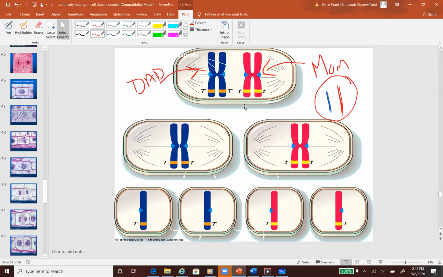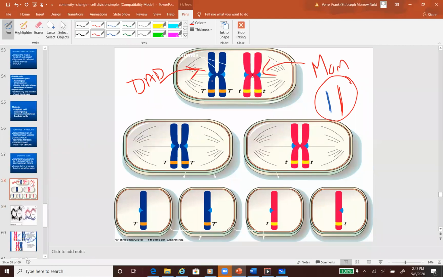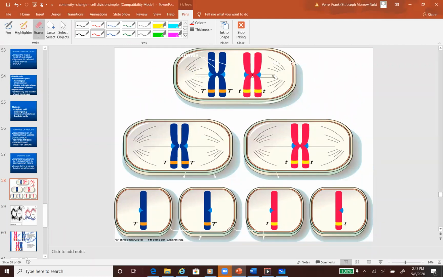You'll notice that I think the last time I labeled the dad the red one. So let's just stick with red for dad, okay? If you remember, the DNA is a strand, and then we make a copy, right? That's what we did in mitosis.